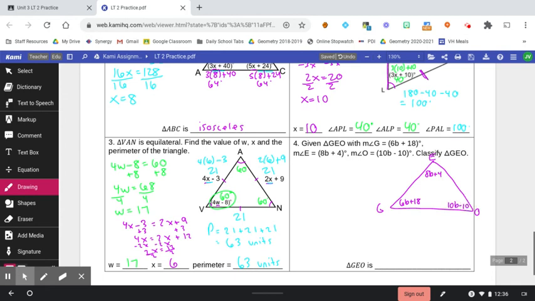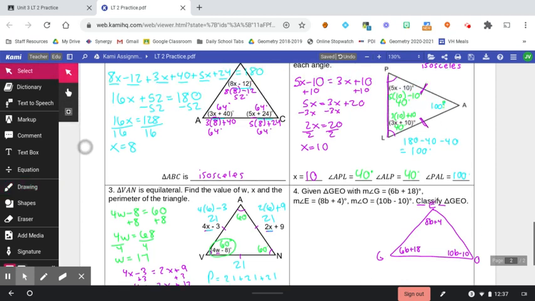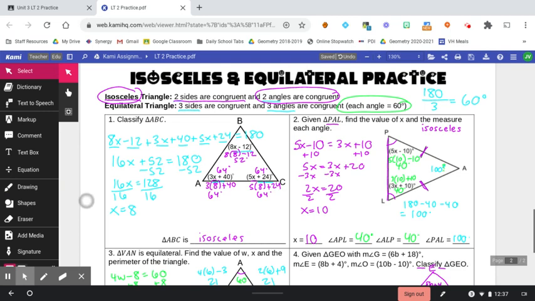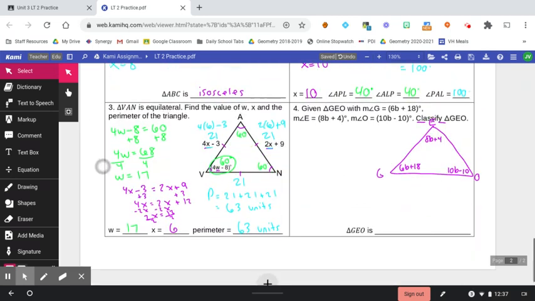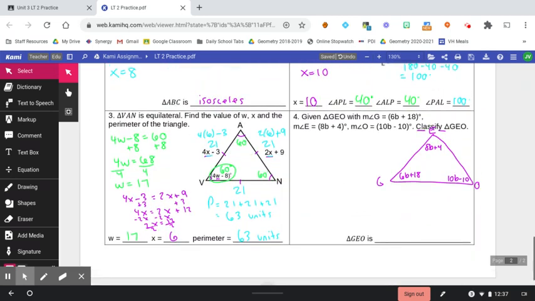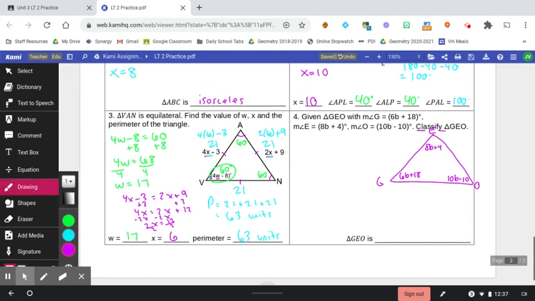All right, it says classify triangle GEO. So that means figure out what type of triangle it is, just like we did up here in number 1. So if I look back at what I'm given, again, I'm given 3 angle measures. Well, I know that for any type of triangle, regardless if it's equilateral or isosceles, the angles always have to add up to 180 degrees.